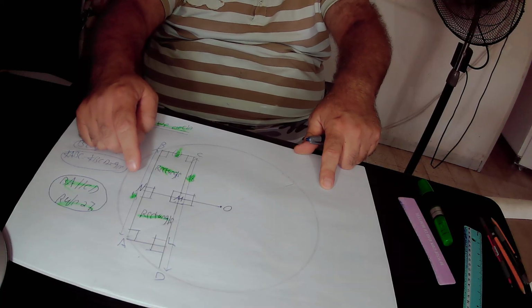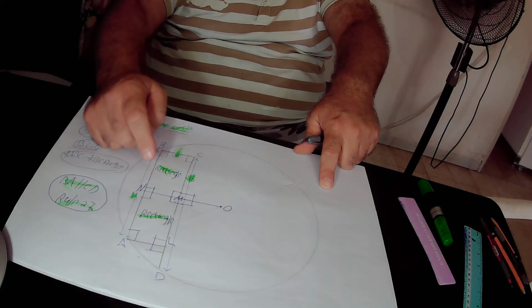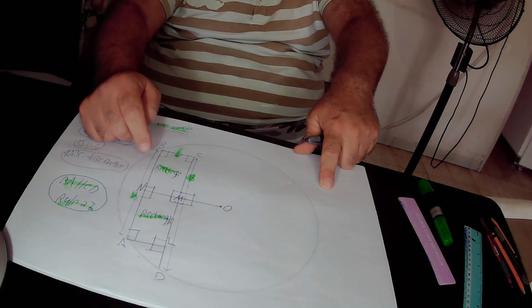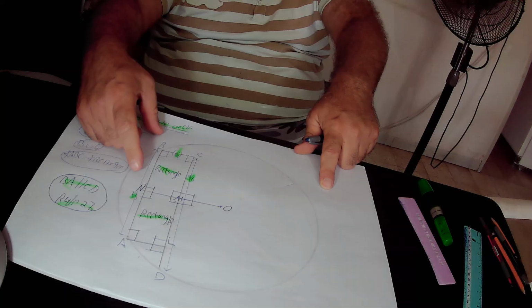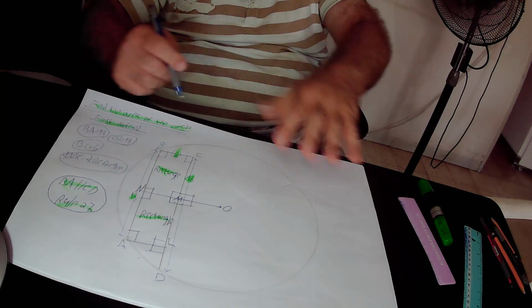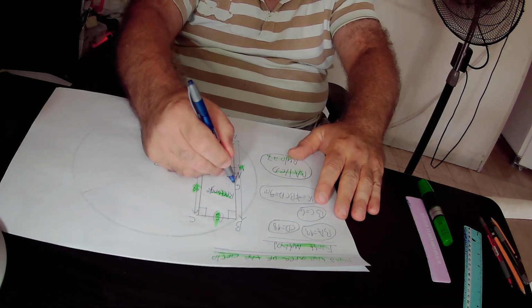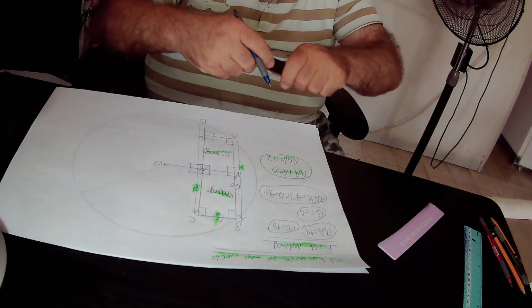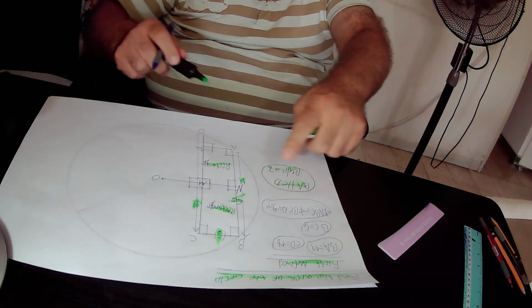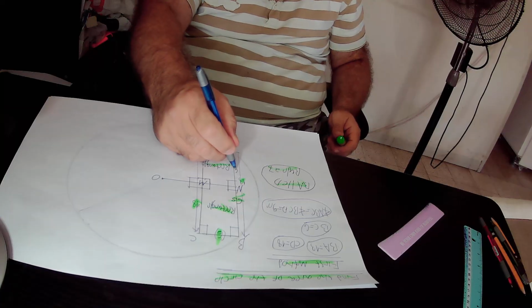BA in total equals 13, so the perpendicular divides chord BA into two halves. Each half must be equal to 13 over 2. So the first half BN is 13 over 2, that is 6.5, and the second half NA is also 13 over 2, that is 6.5.